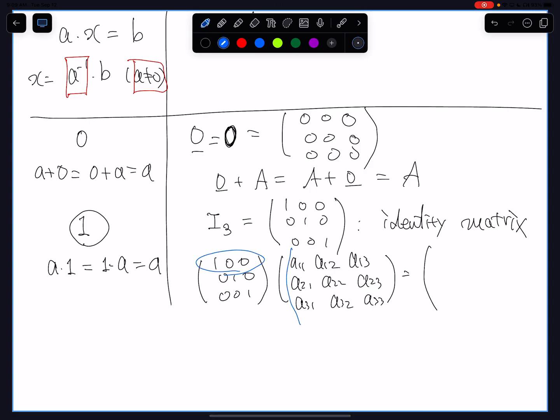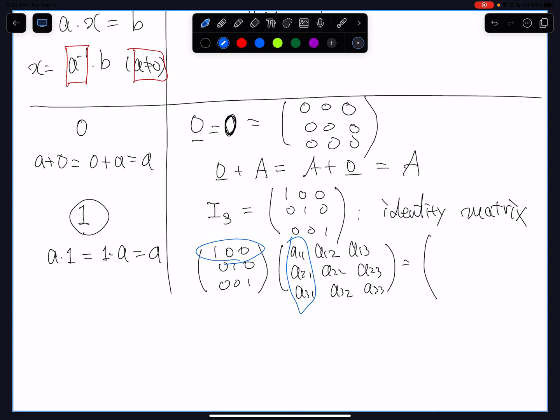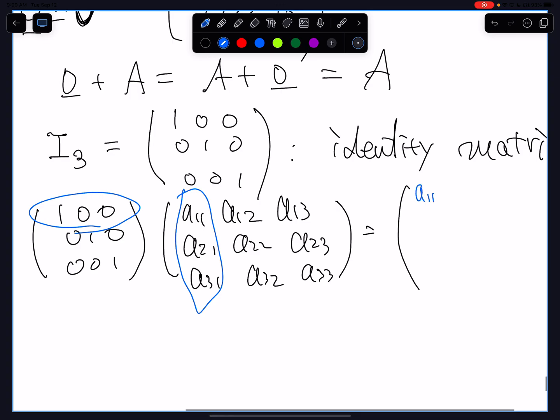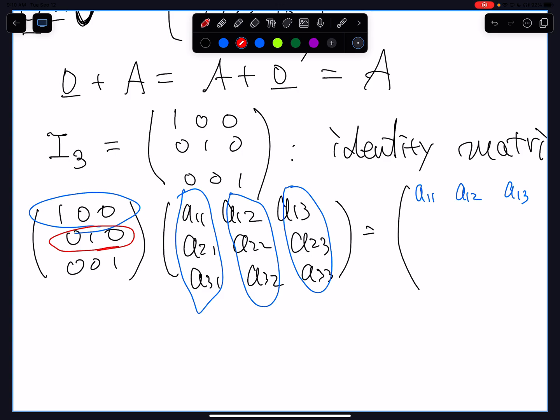So 1 0 0 times the first column, what does it give you? It gives you A11.